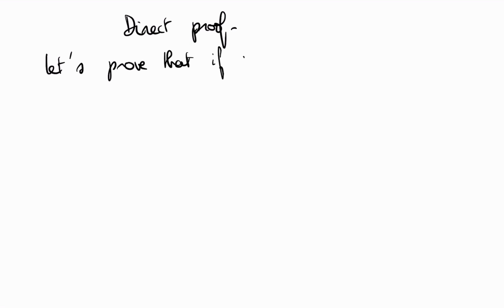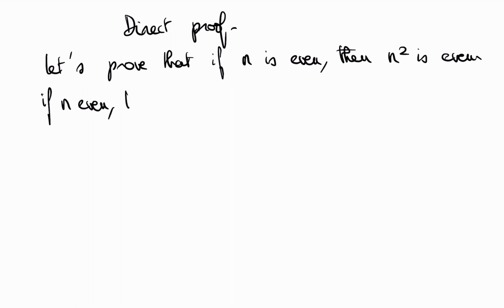Now, direct proof. Let's prove that if n is even, then n square is even. Okay, so if n is even, then there exists k belonging to Z such that n is equal to 2k.